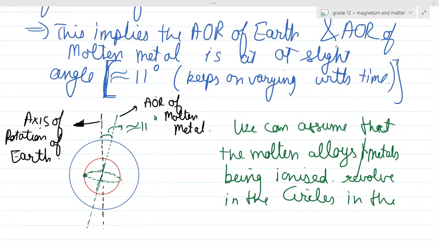So we can assume that the molten alloys or metals being ionized revolve in circles in the core.